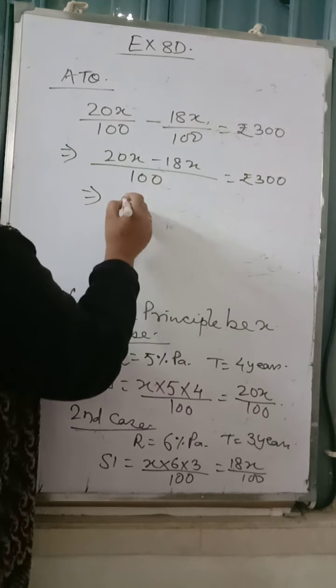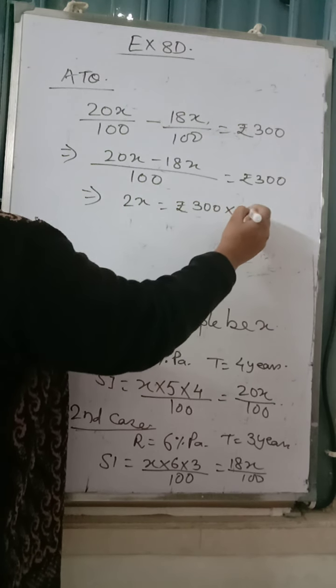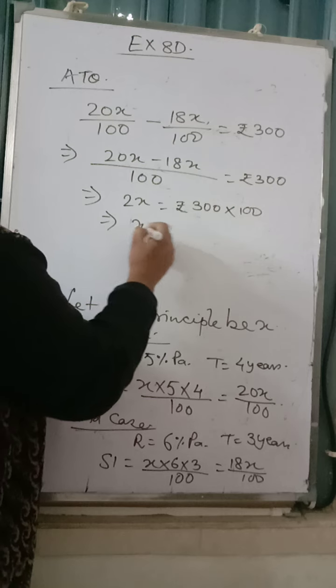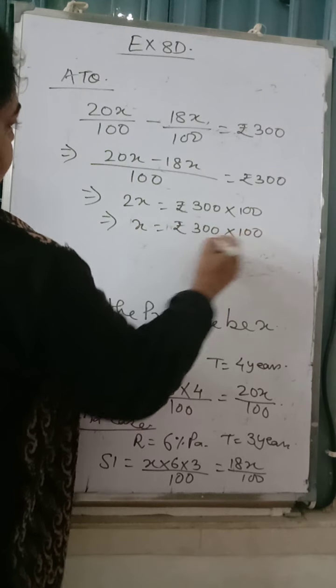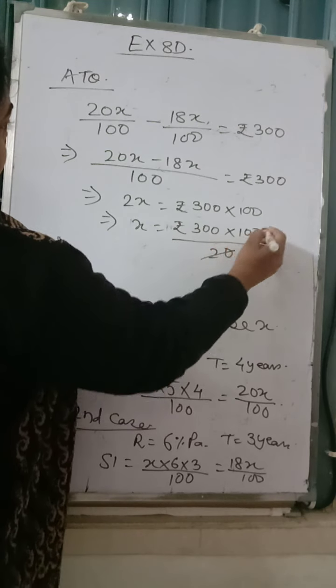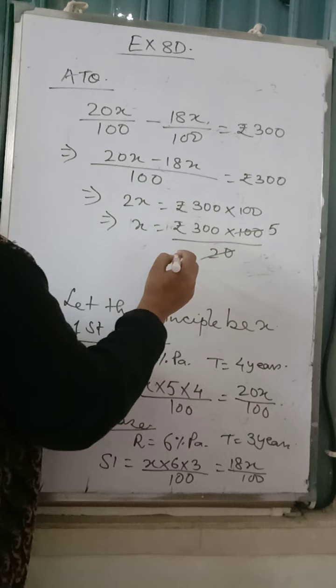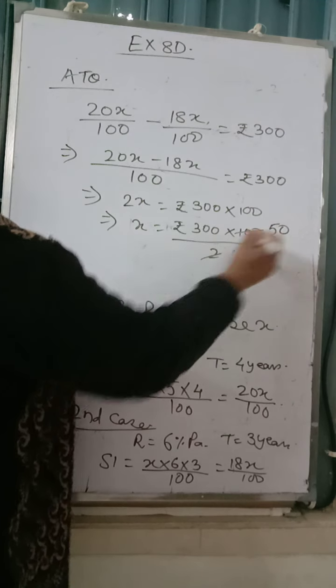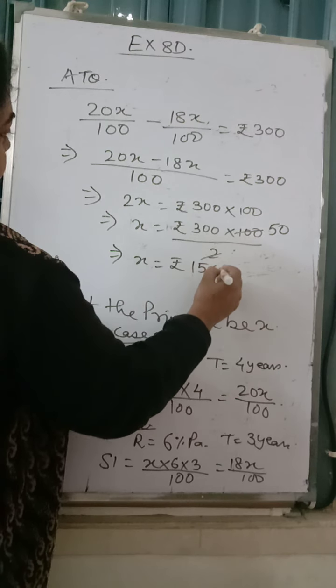Or 2x is equal to rupees 300 into 100. Or x is equal to rupees 300 into 100 by 2. Sorry, not 22, 2. So x is equal to rupees 15,000.